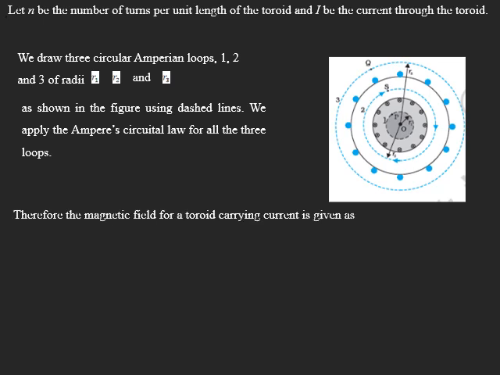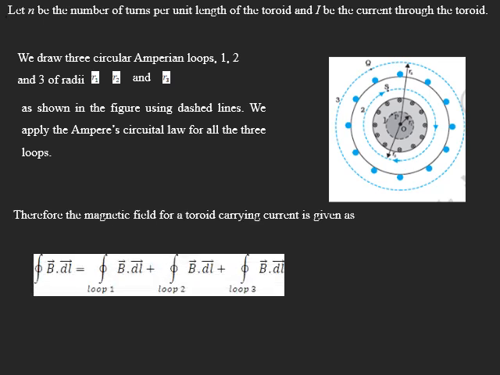This is how we have written the equation: integral B dot dl is equal to integral B dot dl for loop 1 plus integral B dot dl for loop 2 plus integral B dot dl for loop 3. Consider that as equation 1.